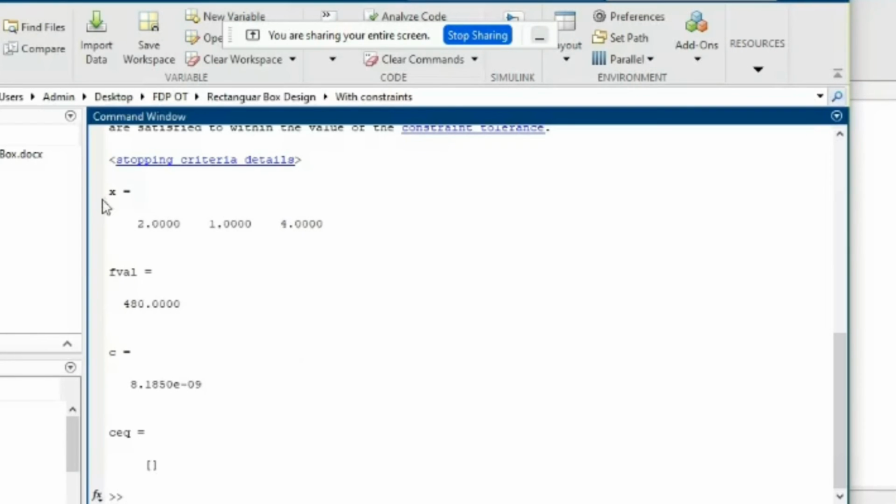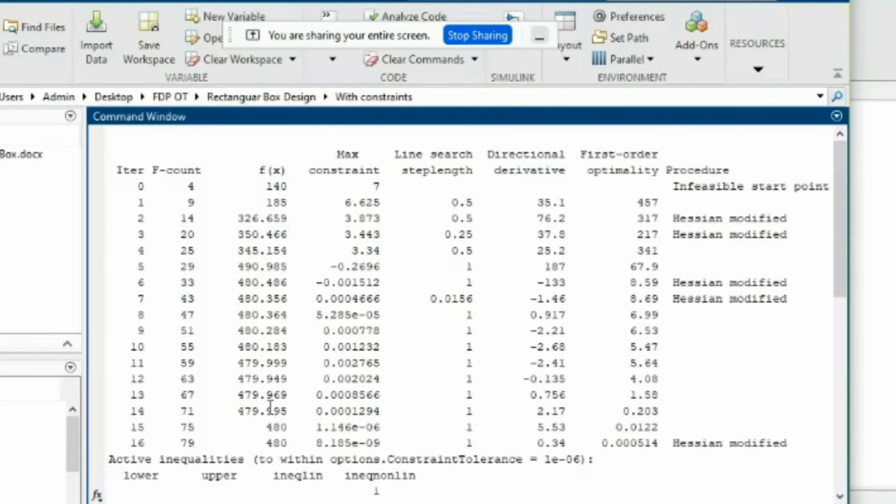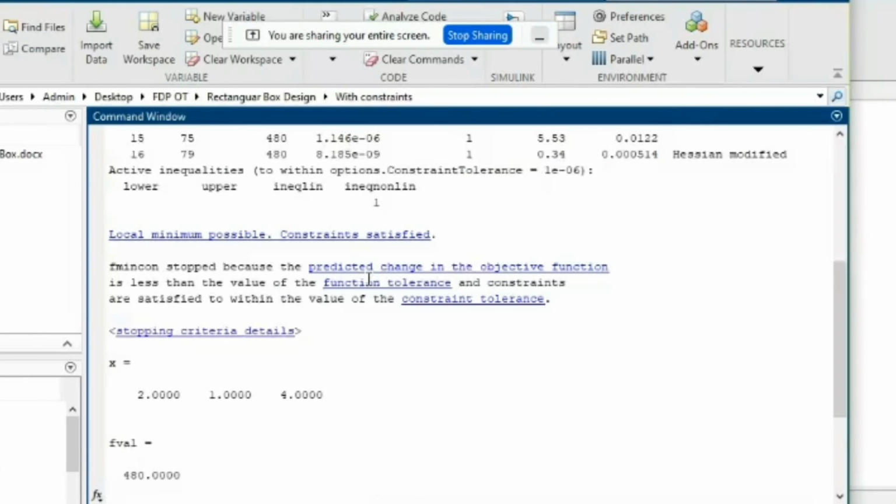There is the x value, x1, x2, x3 values, then the objective function value, then the value of the nonlinear inequality constraint, right? E power minus 09 means 10 power minus 9, right? So this way we can solve the problem.